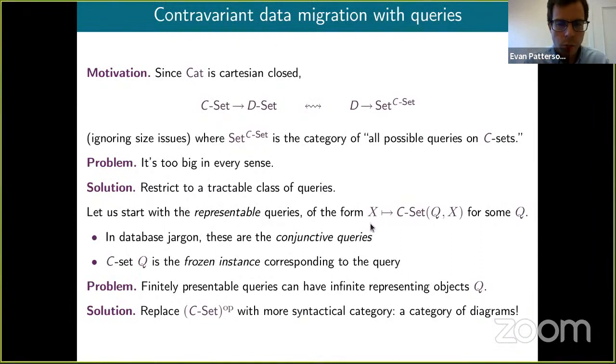In other words, that corresponds to fixing some C-Set Q, and then looking at the functor from C-Set to Set given by the Hom set of things out of Q. And it turns out that these correspond to what are in database jargon called conjunctive queries. This is the most fundamental notion of query that every relational database system supports. And in this jargon, the C-Set Q is sometimes called the frozen instance that corresponds to the query.